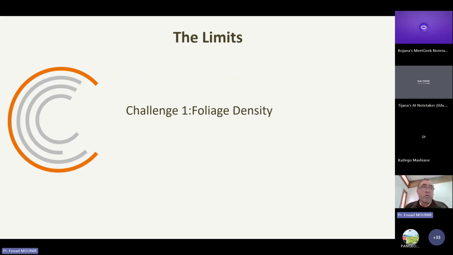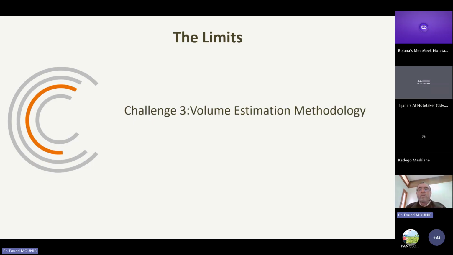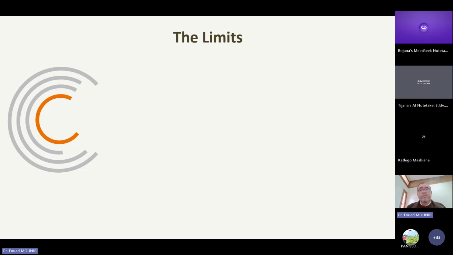We have to find a good way to overcome the complexity of the foliage density. We have to look for good data in the field, and to construct new models for estimating the volume. For example, the volume estimation methodologies have to be very accurate to give more accurate results.